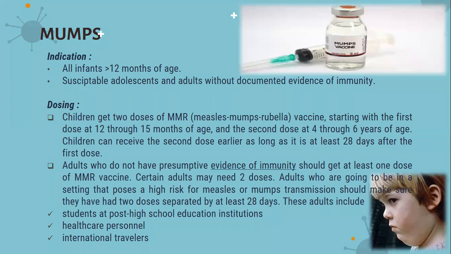So, kung i-question natin kung makakuha ba tayo ulit ng mumps after being vaccinated, the answer is during a mumps outbreak, people who have been vaccinated can still get the disease. This is especially true if one didn't receive both doses of vaccine, kasi yung sabi ko, may dalawang doses ito na dapat makuha ng isang tao.